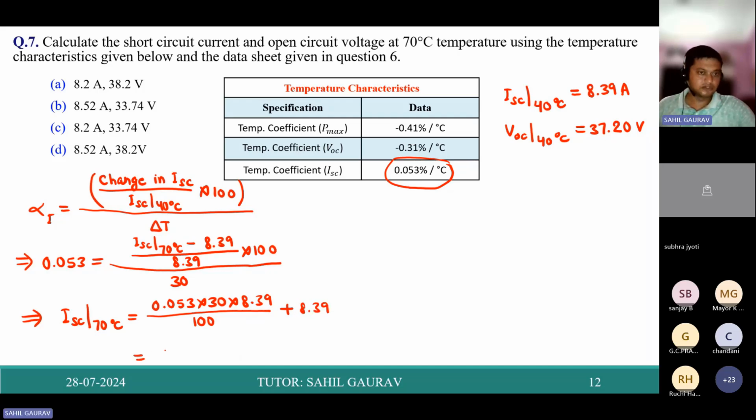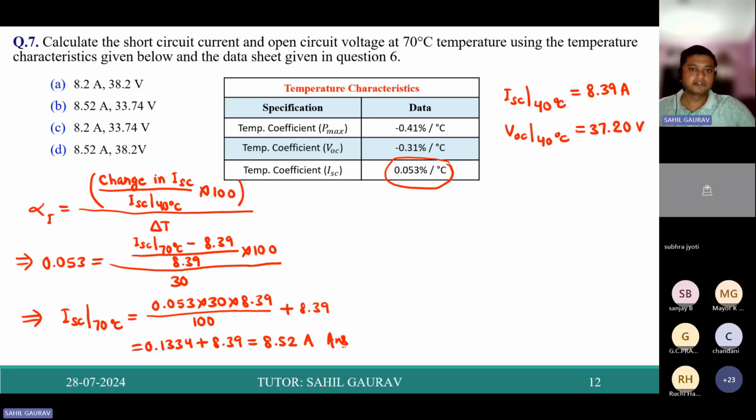So it will give you 0.1334 plus 8.39, which gives 8.52 ampere.